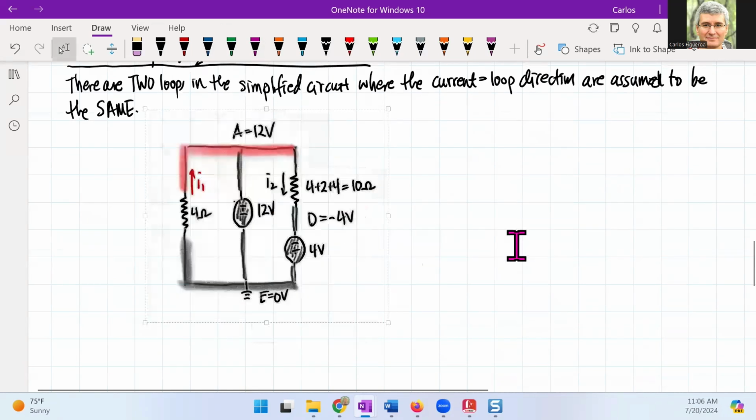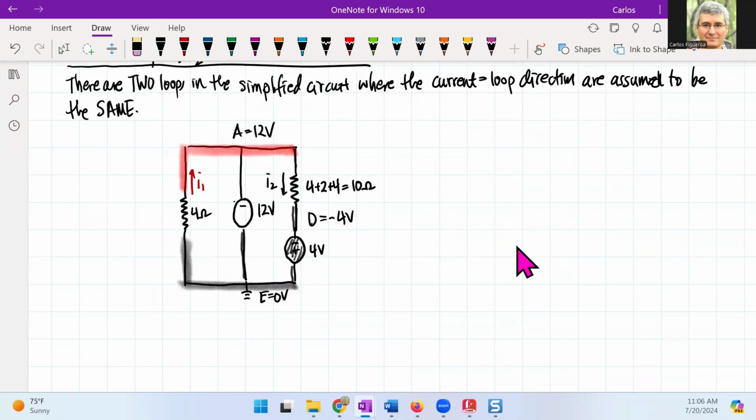So here's my circuit. I want to get rid of all of the nodes that we've highlighted, because I want to show you what I mean by this. We don't need to label the nodes when we do KVL. Okay, we don't need to label them.